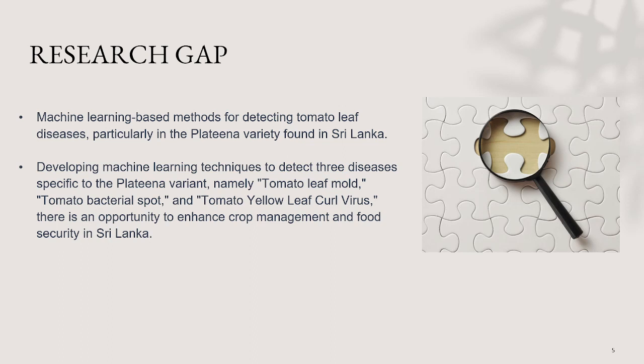Research gap. Tomatoes are really famous in Sri Lanka, but there are few machine learning based methods for detecting tomato leaf diseases, particularly for the Platina variety found in Sri Lanka. The most famous tomato variety is Platina, but unfortunately it faces a huge research gap in machine learning driven disease detection.